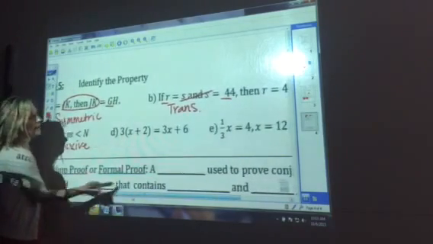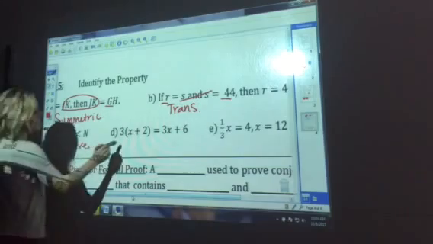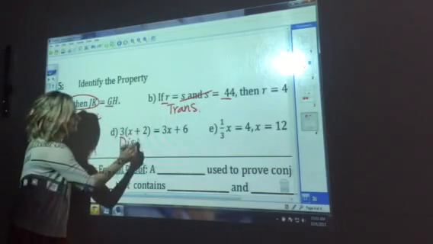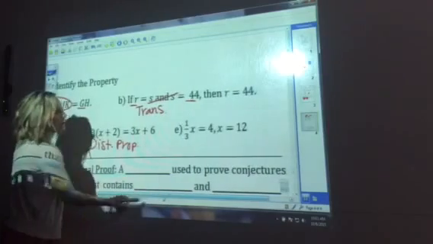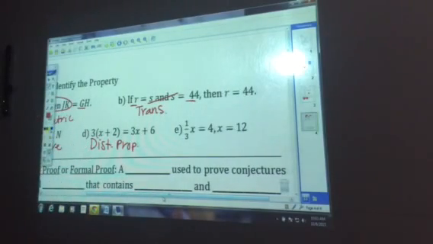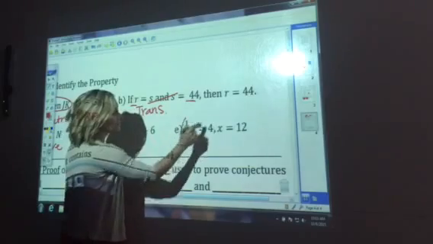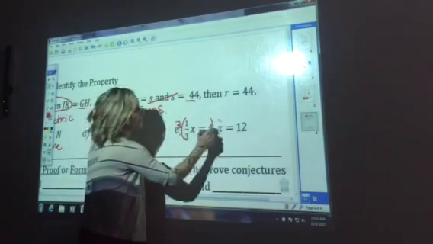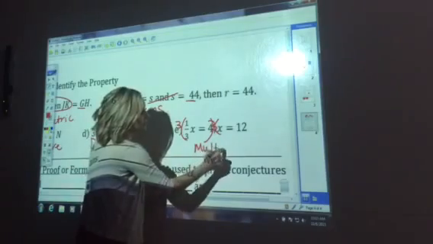And D says 3 times x plus 2 is equal to 3x plus 6. That would be the distributive property. And then last, 1/3 x minus 4 equals x minus 12. So to go from here to here, they obviously had to multiply both sides by 3. So that would be the multiplication property.